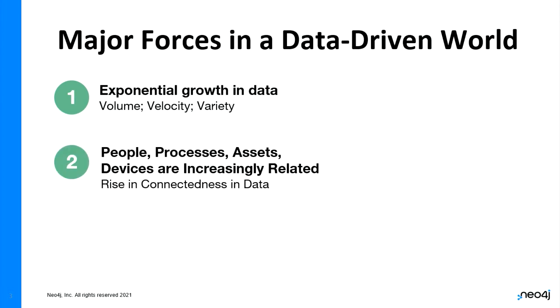You've got people, processes, assets, and if you can find the connections and the relationships between them, there's, again, opportunity for value. And that's where graph really plays. It's in driving business value. So we call that the connected data imperative. Finding those connections and those relationships, exposing those, is going to help you get business value.